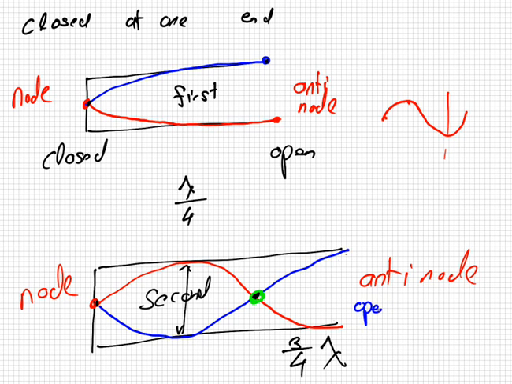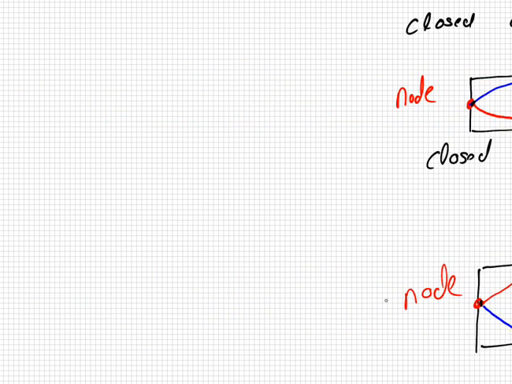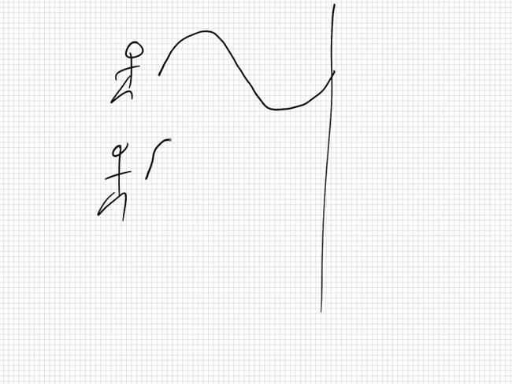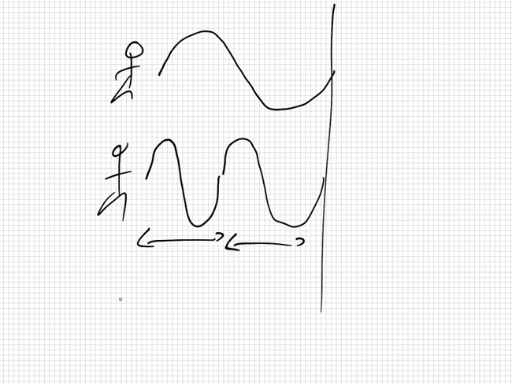So here this is open and this is open, which means there must be an anti-node here and there must be an anti-node here. So it means I'd have to draw my wave like this, and then one upside down as well.